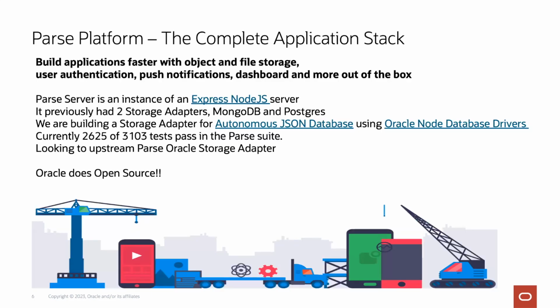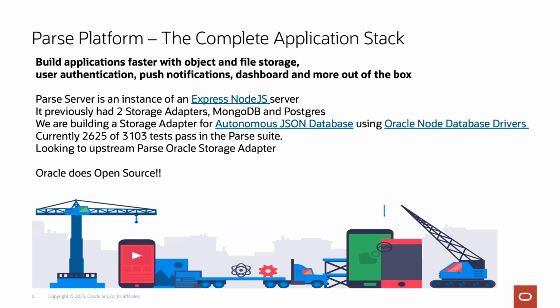Parse Platform is an open source mobile backend as a service application stack, and it's based on an Express Node.js server. It currently supports MongoDB and Postgres, but the work we've been doing has added an Oracle storage adapter to that set, and we use the Oracle Node database packages to connect to the autonomous JSON database.